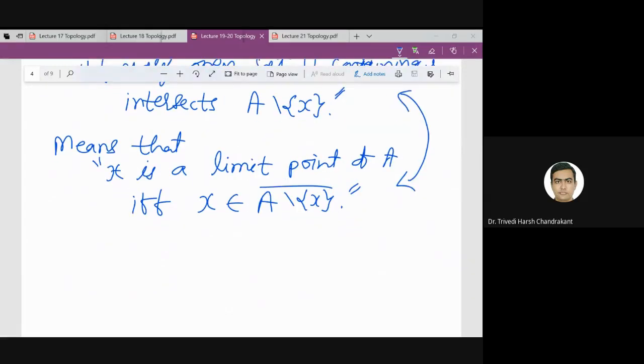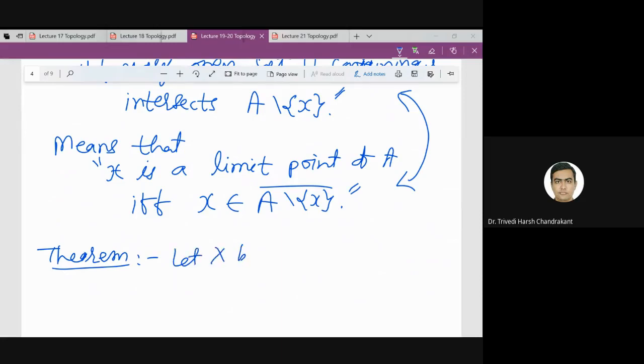So let us go to the theorem. From real analysis we know that A closure is equal to A union the set of all limit points. That we want to prove in the topological space setup.